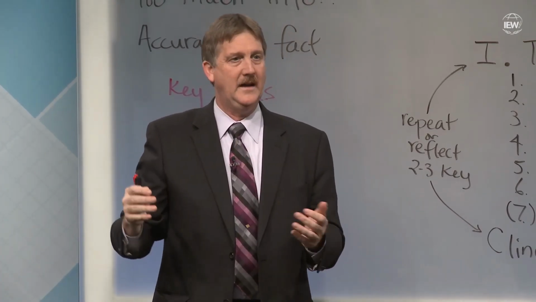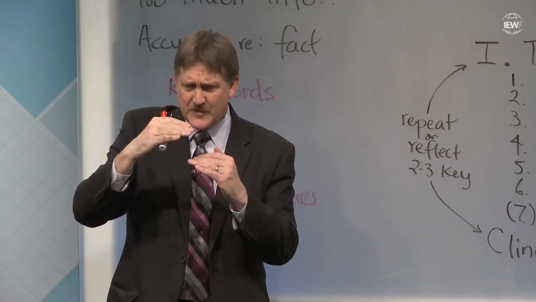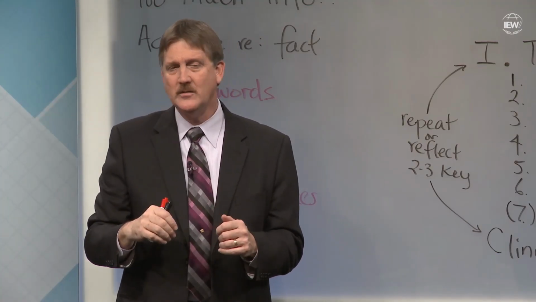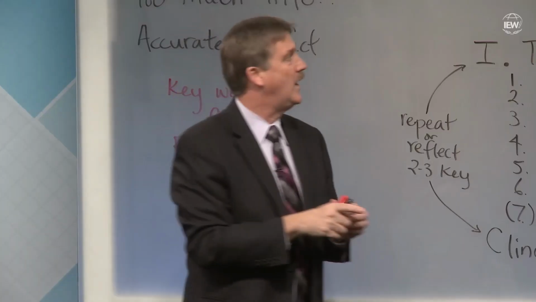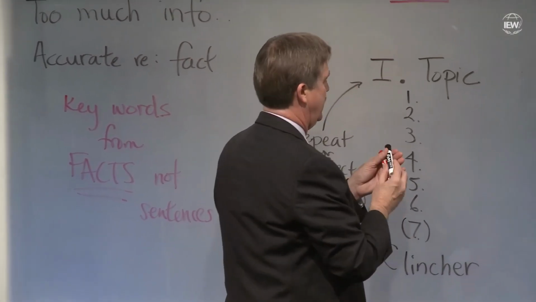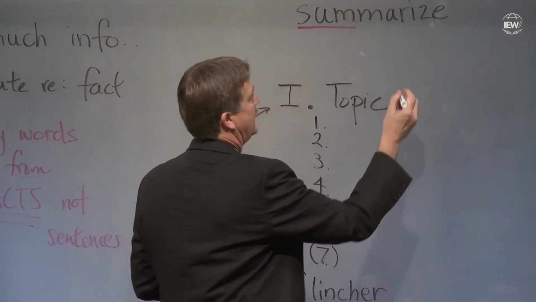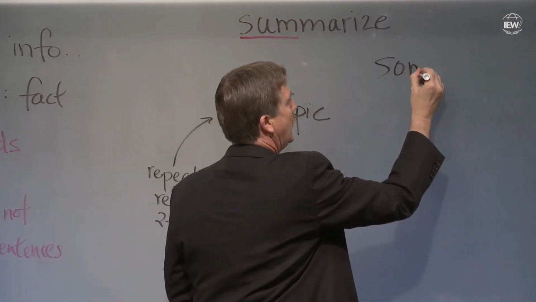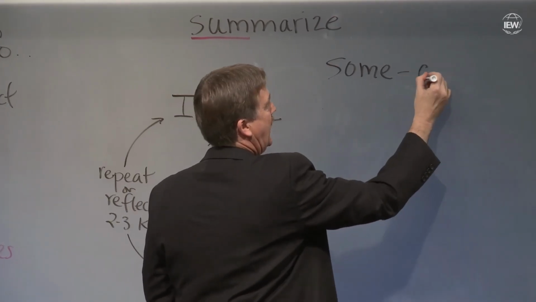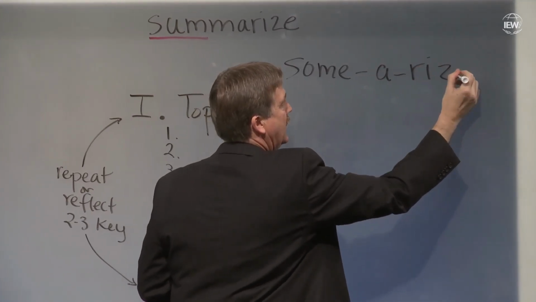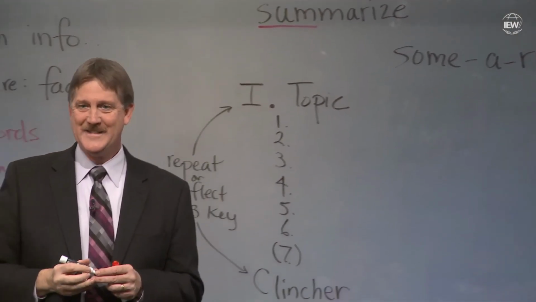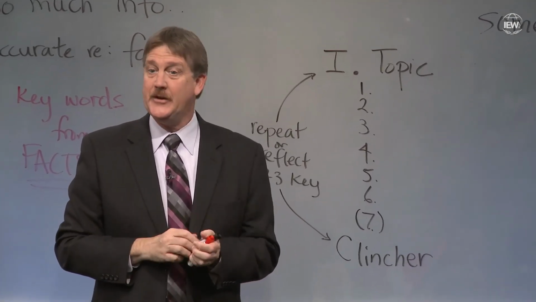But nobody can tell all that in this much space. You can only tell some of it, which is why properly spelled, the word would look like this. S-O-M-E-A-R-I-Z-E. Isn't that nice? Because that's what you're doing.